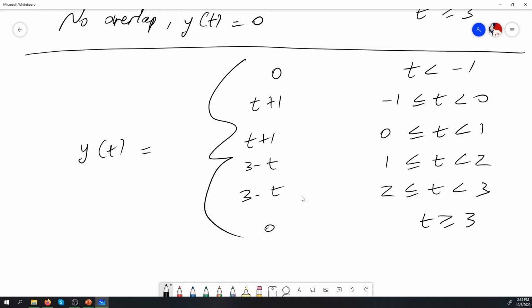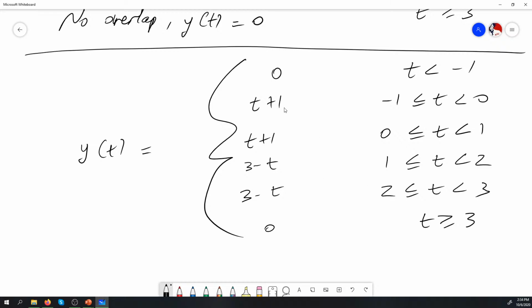So yes, you combine the equations for simplicity when you have the same equation spanning different time ranges. So t plus 1 exists for -1 less than t less than 0, but also for 0 less than t less than 1. So we can say t plus 1 exists for -1 less than or equal to t less than 1, instead of writing the 2 lines over again.